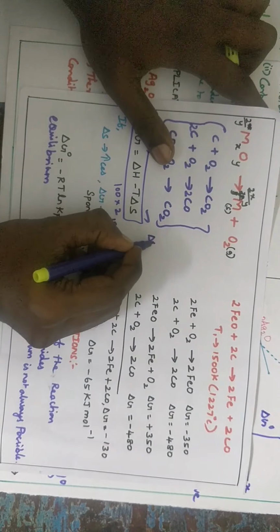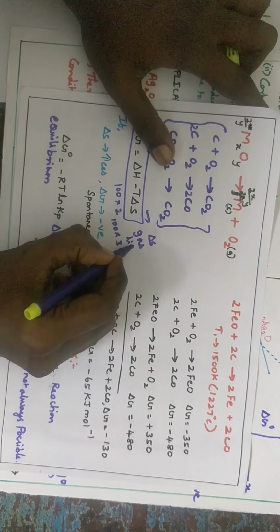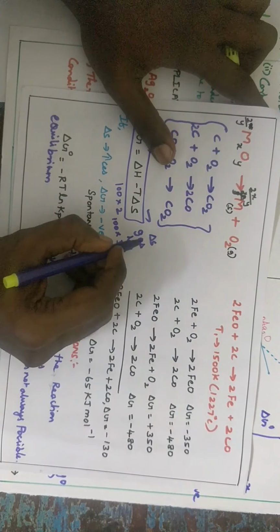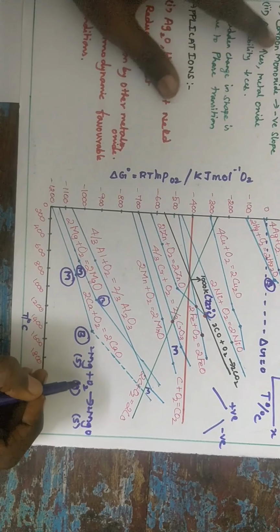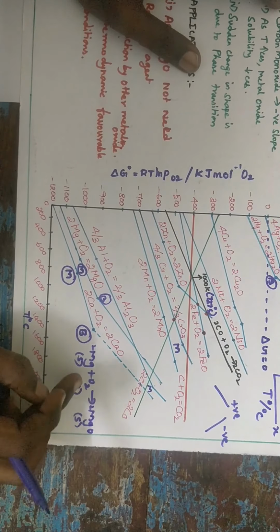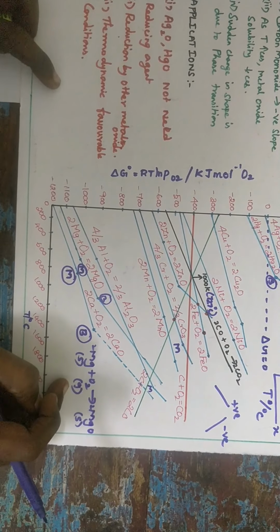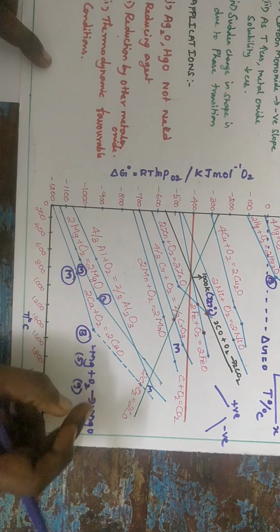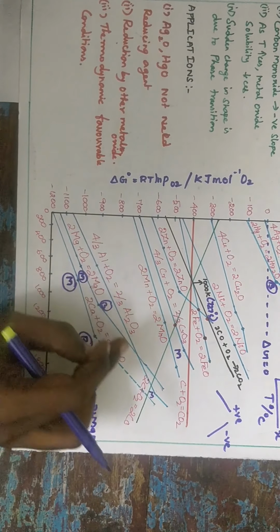Remember one point: entropy is high only in the gaseous state; in the liquid state it is very low, and in the solid state very low entropy. So always entropy is more in the gaseous state. In this case, oxygen is in the gaseous state, so from reactant to product entropy decreases, because gaseous entropy is more and in solid it is very low.